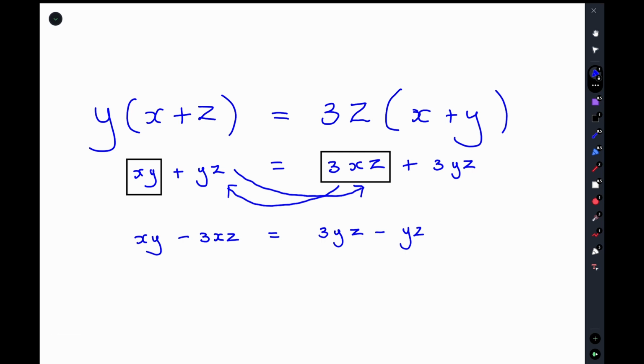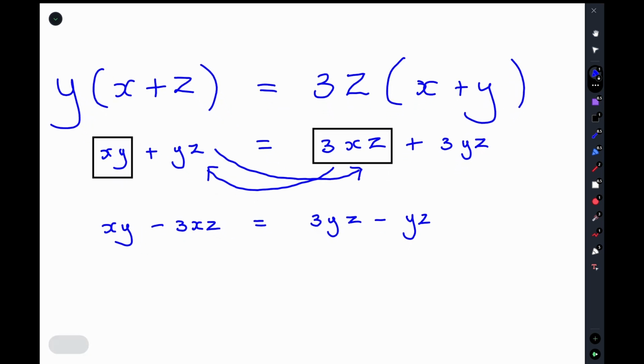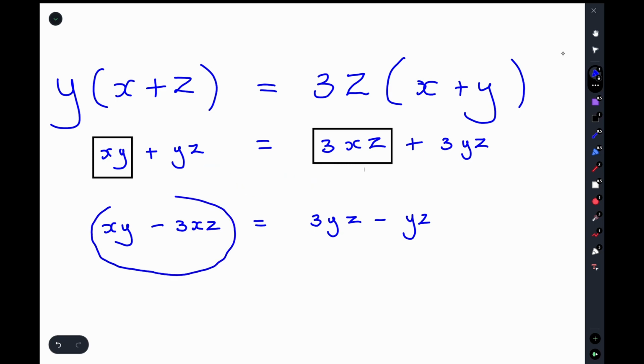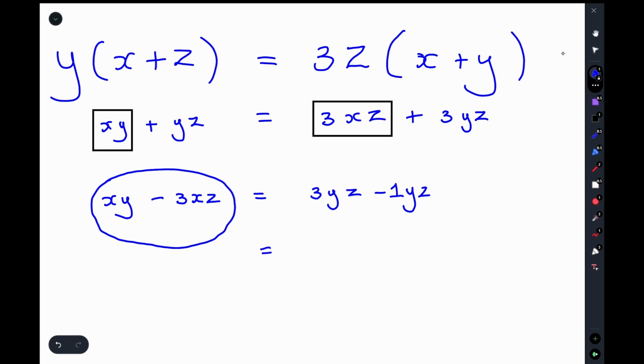Now that we've rearranged our terms, we have on the left hand side xy minus 3xz, and on the right side we have 3yz minus yz. And it's important to recognize that this is 1yz, and the right hand side can be simplified. 3 minus 1 will be 2yz.